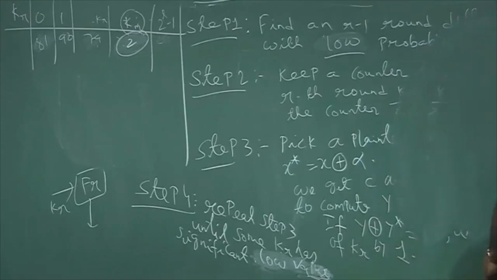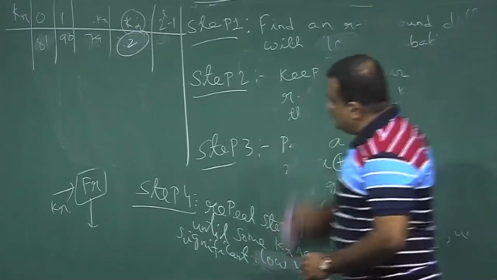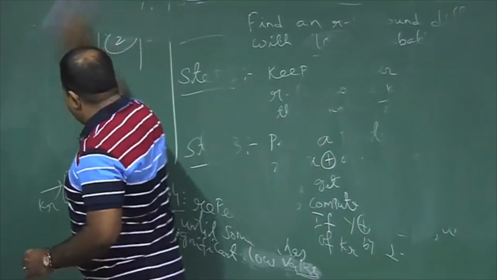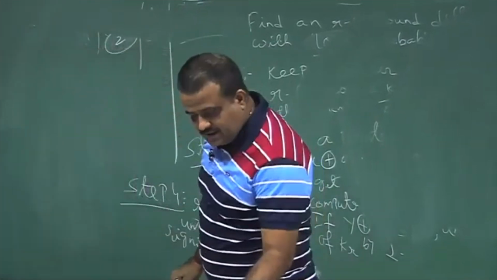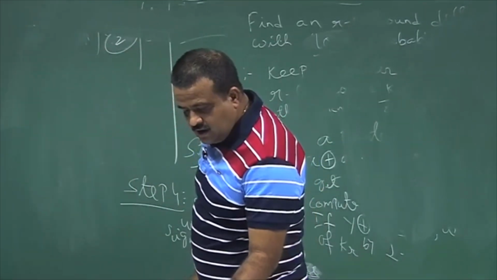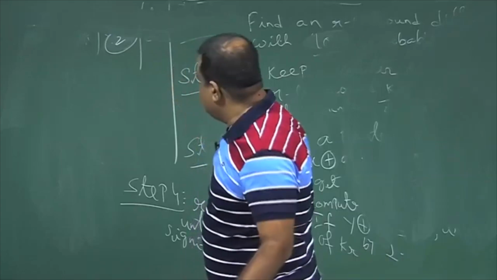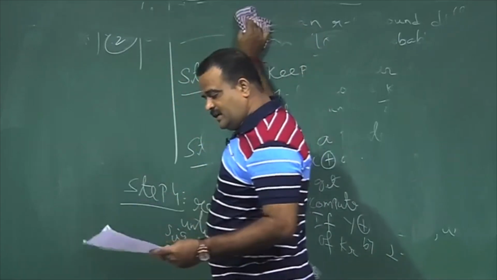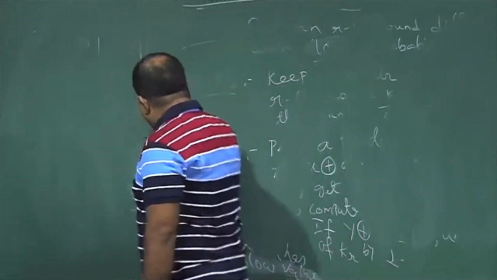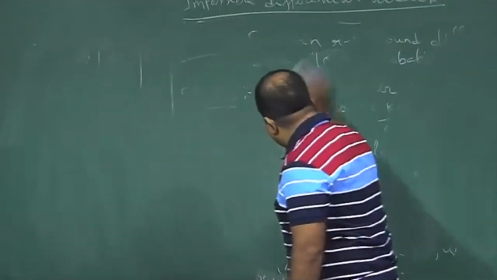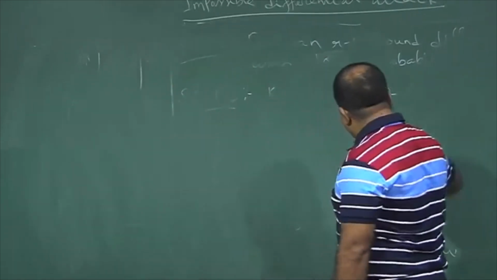was introduced on DES to break DES by Biham and Shamir in 1993, I think, yeah, 1993. And they broke the DES. So, this is the best known attack after the exhaustive search attack.